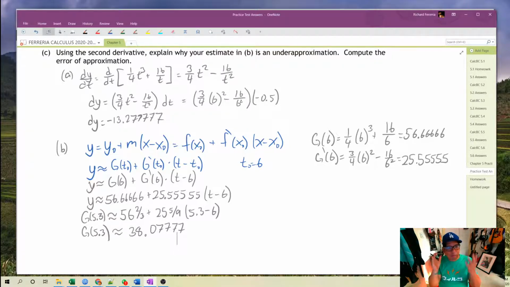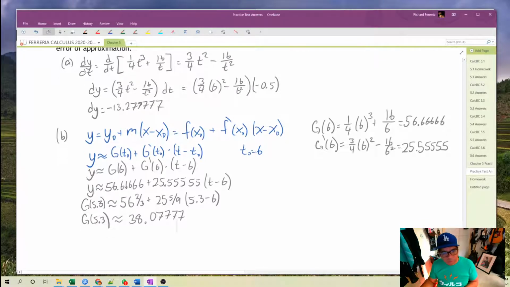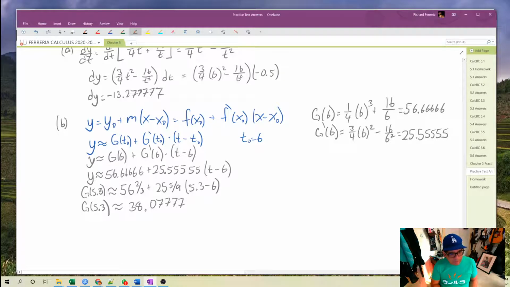And lastly, we're going to use the second derivative to explain why we got an under approximation here. So for part C, let's remember that if the second derivative is less than 0, that means that we have a concave down function. So either a function like that, a function like that.